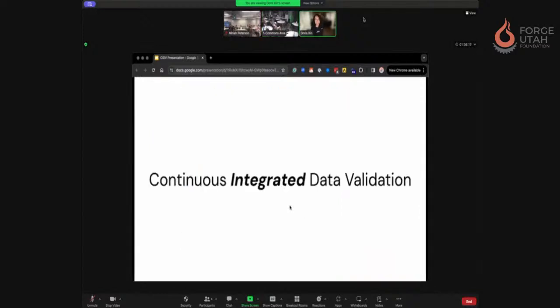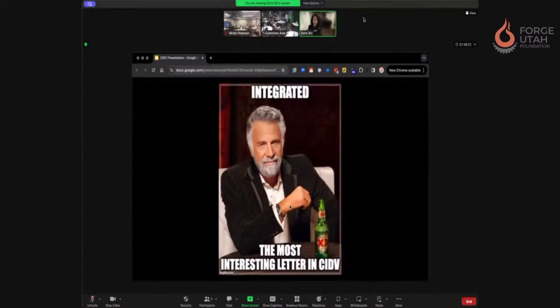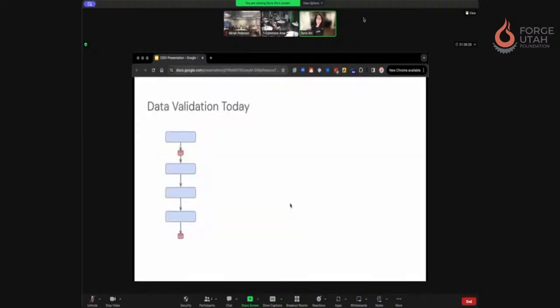Cool. All right, so integrated. This was probably the most interesting letter in CIDV. I think continuous data validation all make a lot of sense. What do I mean by integrated? This is how data validation happens today. I have a pipeline, and it's running end to end.